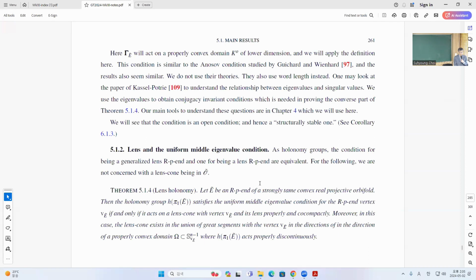So the point is that if you have a Pn strongly tame convex report, and it satisfies the uniform middle eigenvalue condition, then there is a lens where the action is co-compact, and acts properly discontinuously.